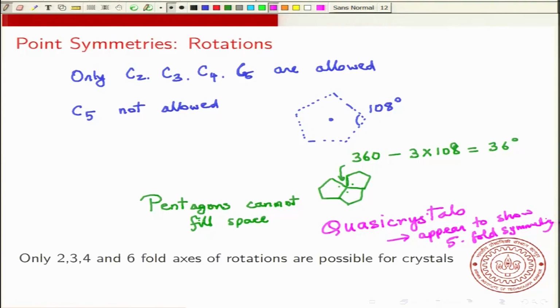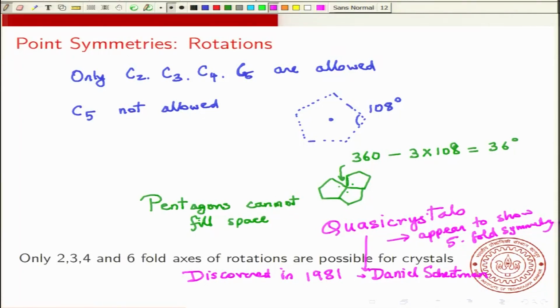Quasi crystals were discovered in 1981 by a scientist named Daniel Schechtman, who was later awarded the Nobel Prize in Chemistry in 2011.